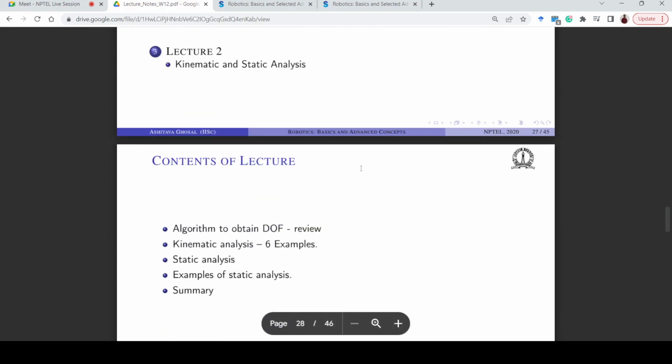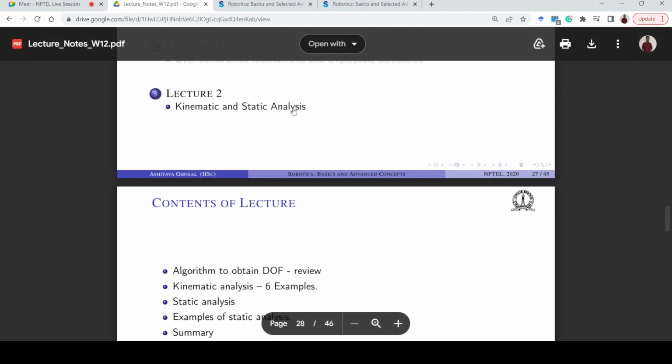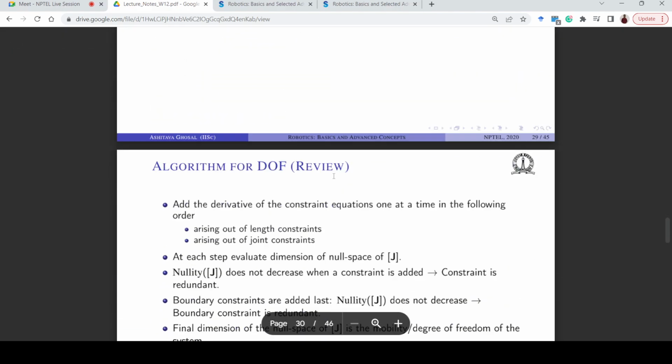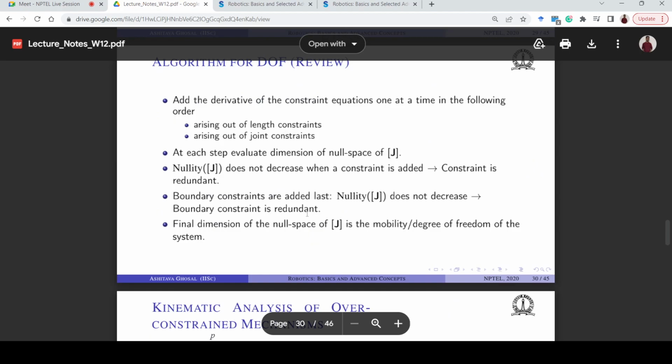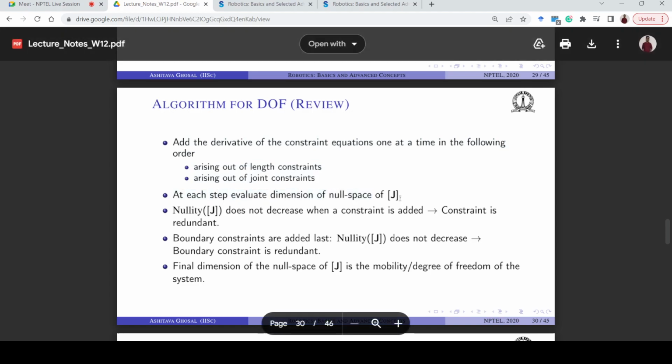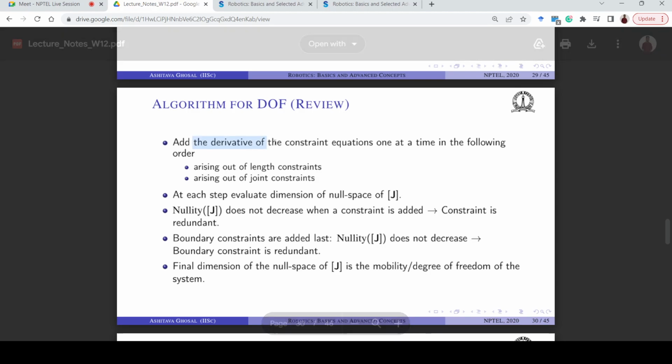Then there was discussion on kinematic and static analysis of these kinds of over constrained mechanisms. There is also the algorithm given above for calculating the degree of freedom for these mechanisms.